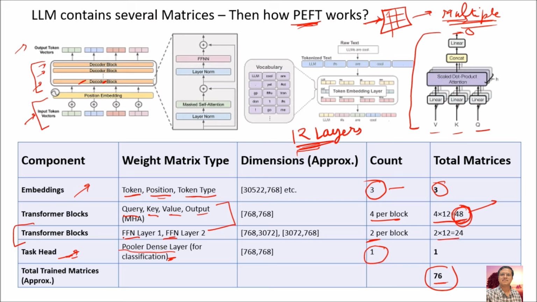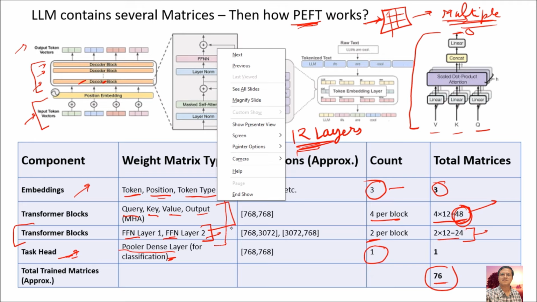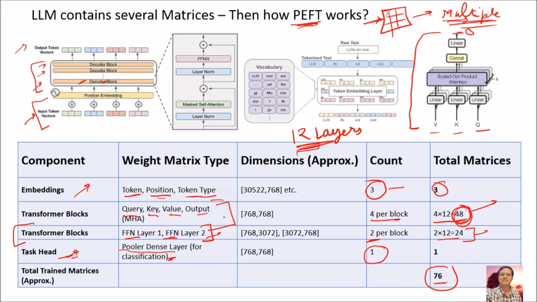And suppose we are just working on some core applications like classification, then we generally target these two matrices, so we will target 24 matrices. We will update them slowly. And sometimes for complex applications, we target all these parts.